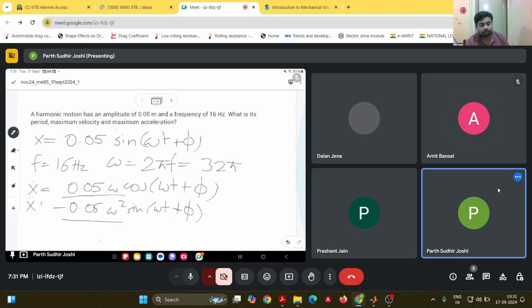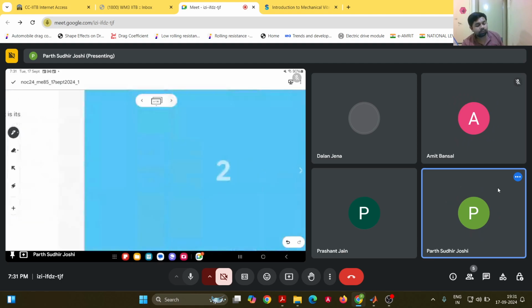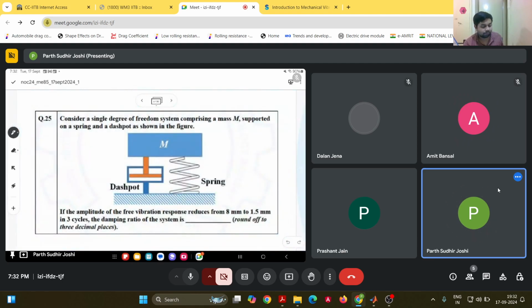No, sir. Okay. So this is one more problem which actually appeared in some GATE exam, so I just picked that up. Let us say there is a spring mass damper kind of system, and it's given that the free vibration amplitude reduces from 8 mm to 1.5 mm in 3 cycles.